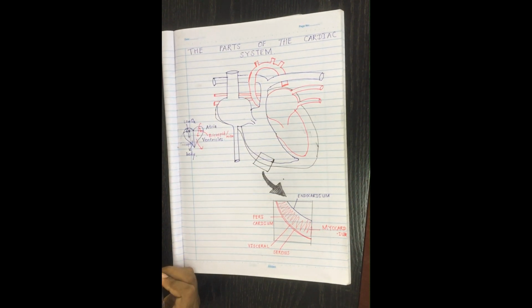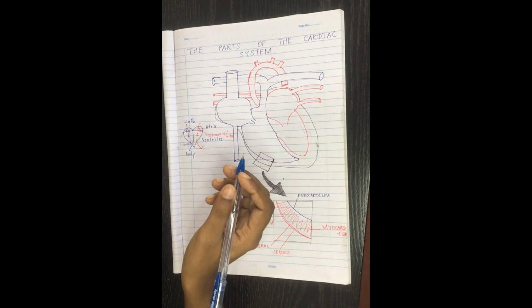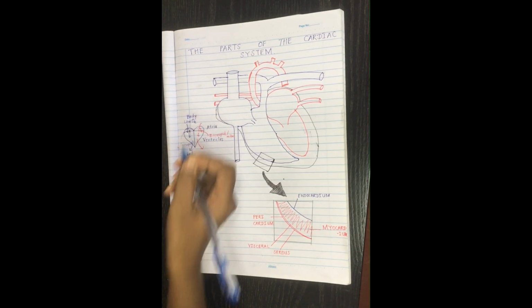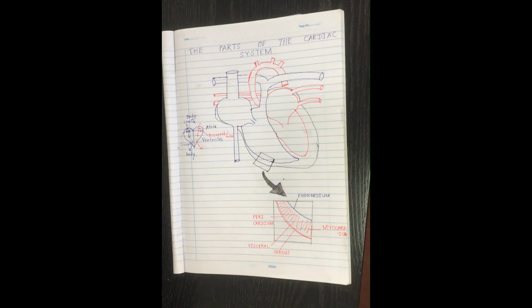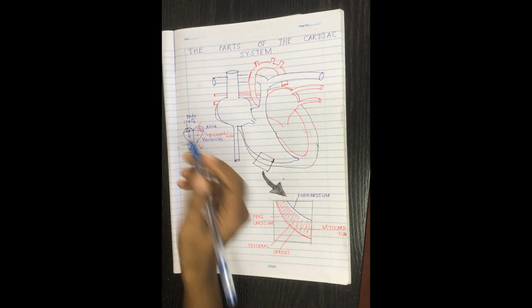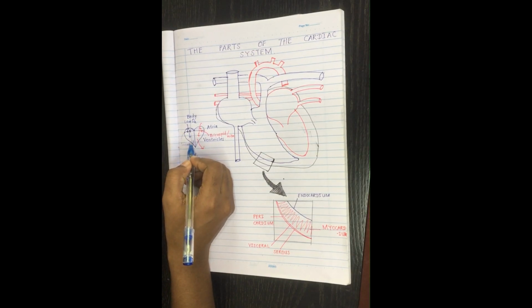So where do you think it comes from? Does it come from the lungs? Do you think so? No. If it came from our lungs, it would have a lot of oxygen, but here it's low in oxygen. So this is from the body. This is used blood. It's coming from the body with low oxygen, and it enters the atrium and goes to the ventricle.